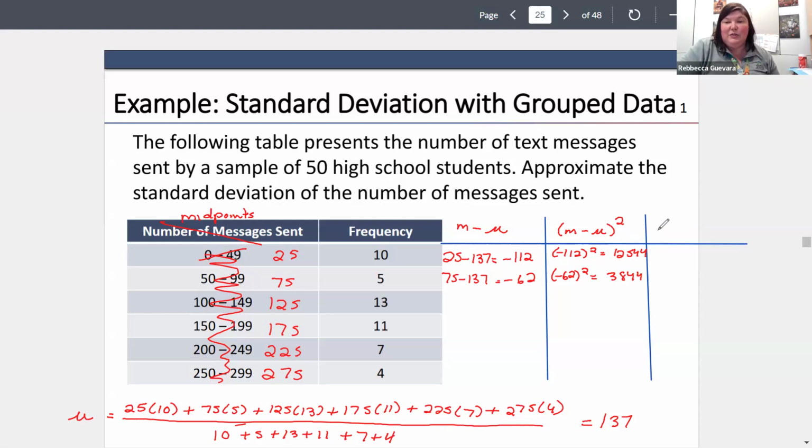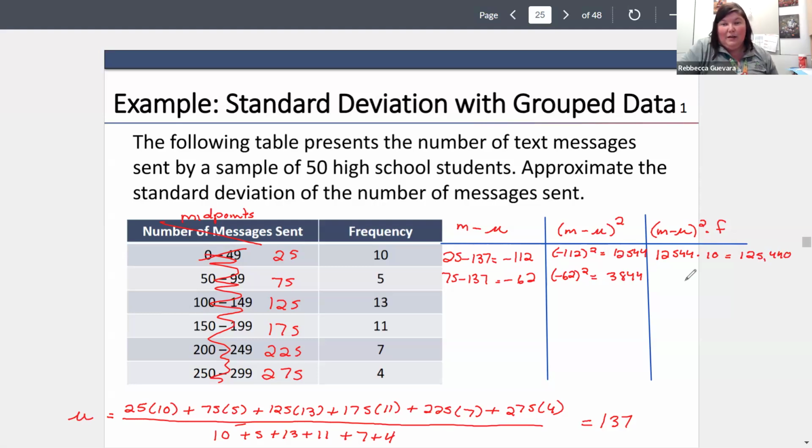Then what I want to do is take that midpoint minus the mean squared and multiply it by the frequency. Our first one would be the 12,544. The frequency of the class we're coming from would be 10. Multiplying by 10, we get 125,440.